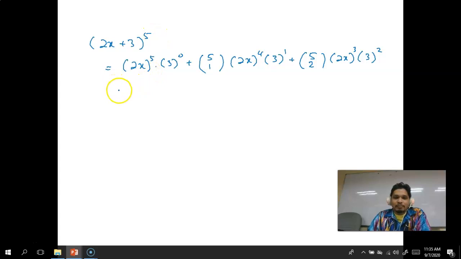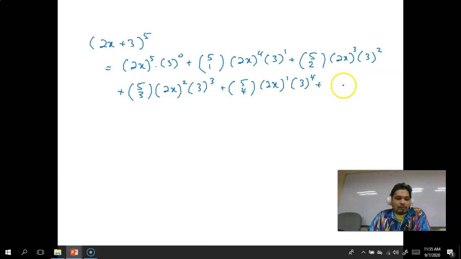Now 5C3, 2x squared and 3 cubed, plus 5C4, 2x to the power of 1 and 3 to the power of 4. And finally there's a 5C5, 2x to the power of 0 and 3 to the power of 5.